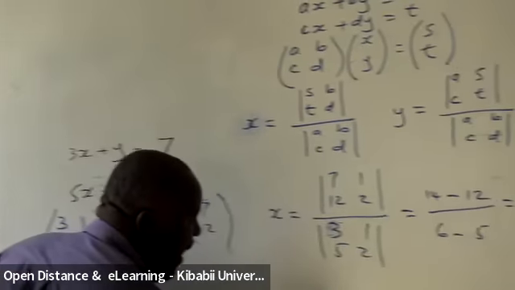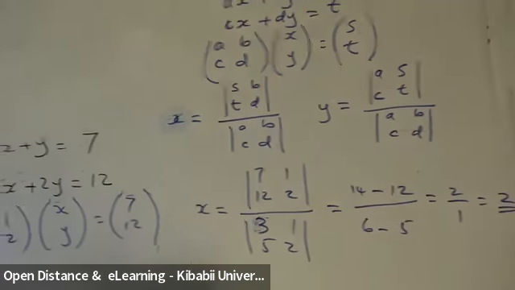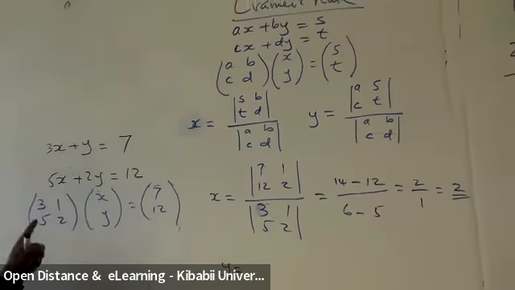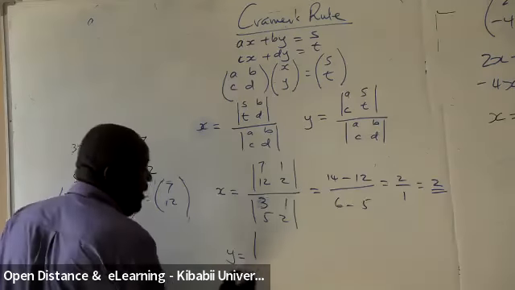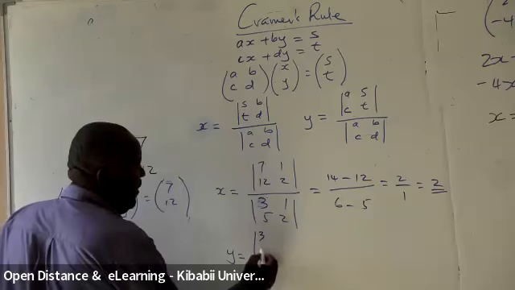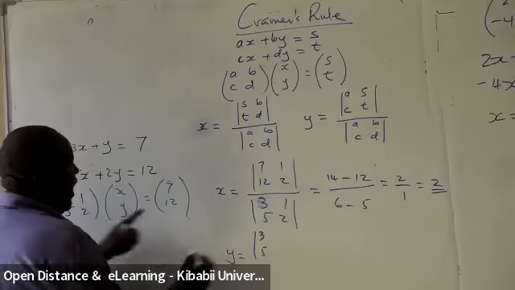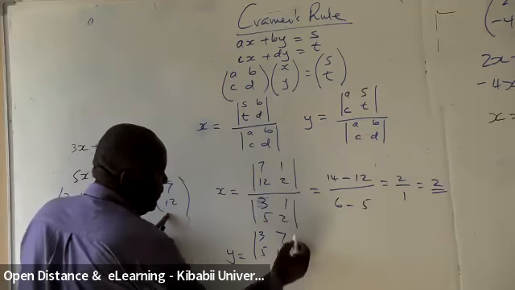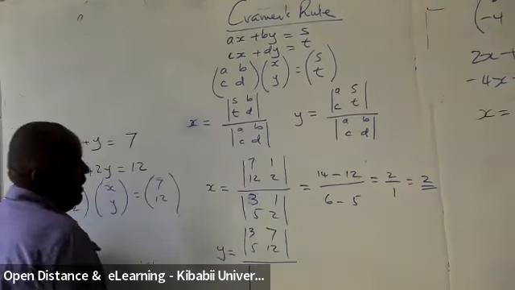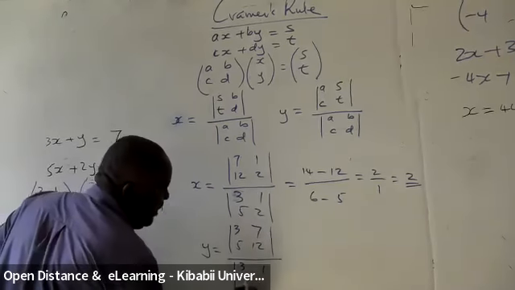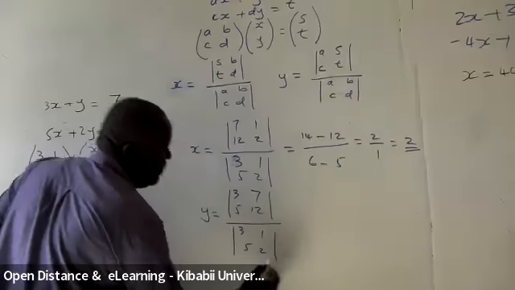Then we do the same for y. For y now, we substitute the coefficients of y by the constants. So those of x remain, they are 3, 5. Those of y become 7, 12. That determinant divided by the determinant of the coefficients, 3, 1, 5, 2.